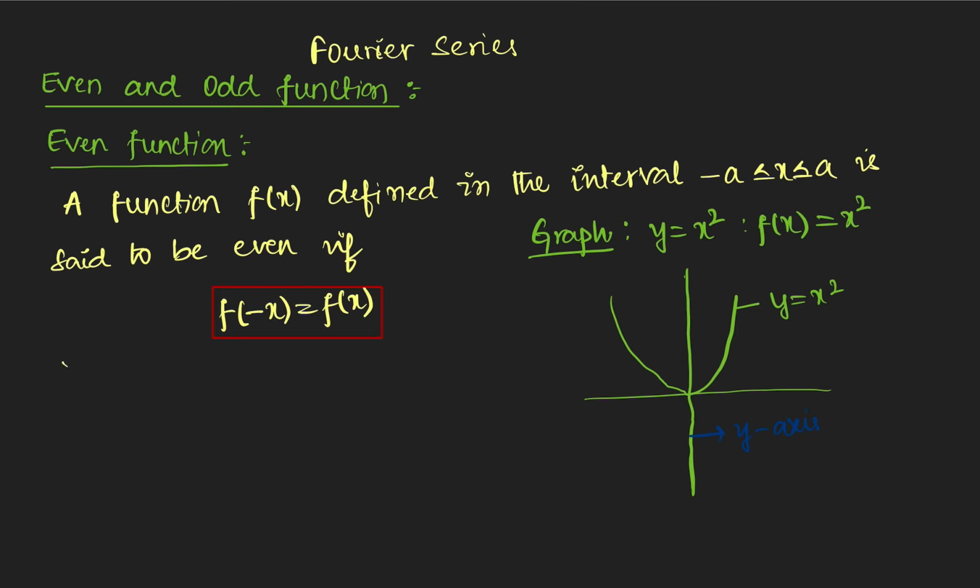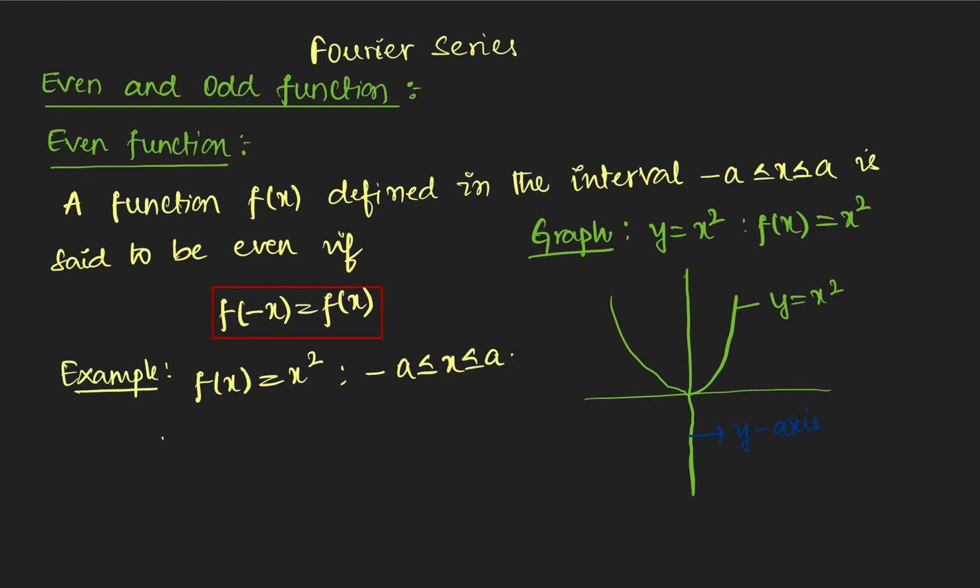So what is the example we considered? Example: f of x is equal to x square, which is defined in the interval minus a less than or equal to x less than or equal to a.